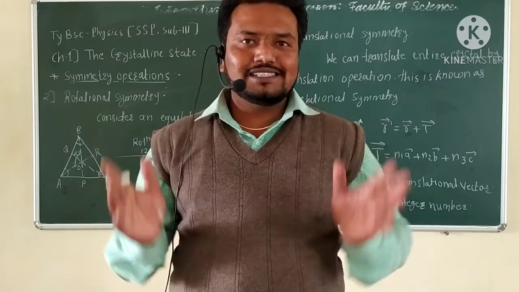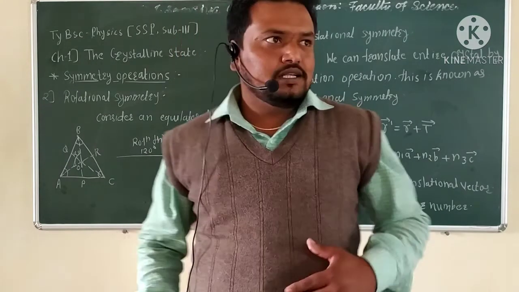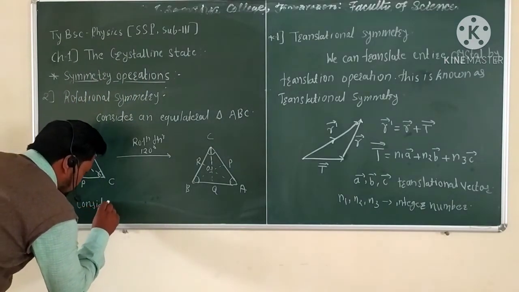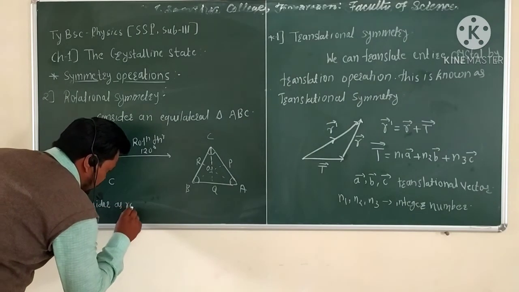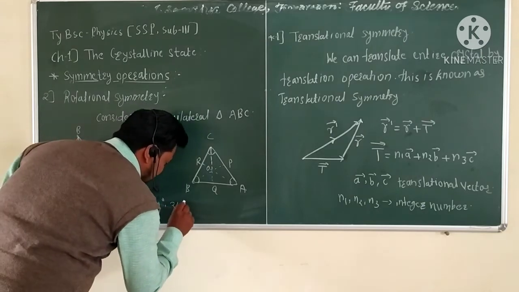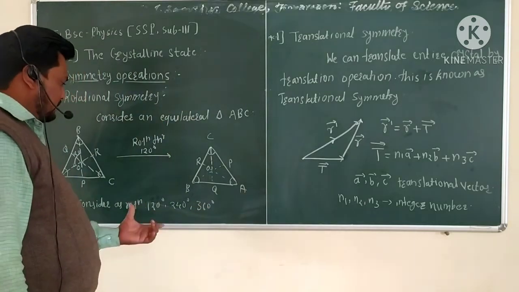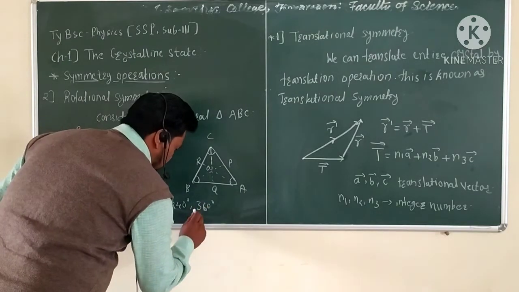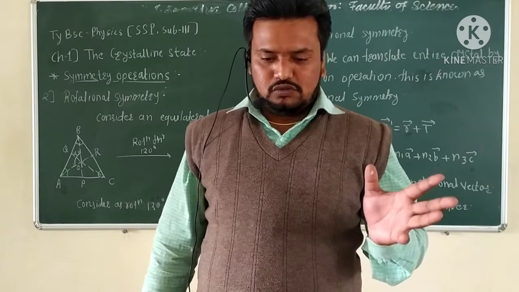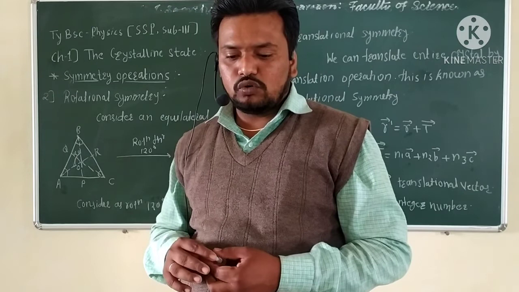Consider rotations that are integral multiples of 120: 120 degrees, 240 degrees, and 360 degrees. So three types of rotation occur, and that's why we say it has threefold symmetry.